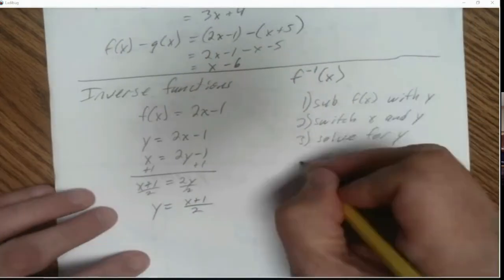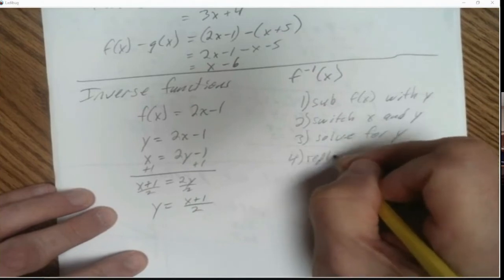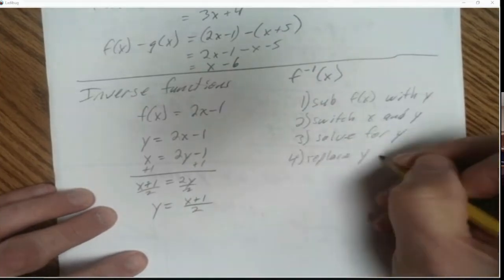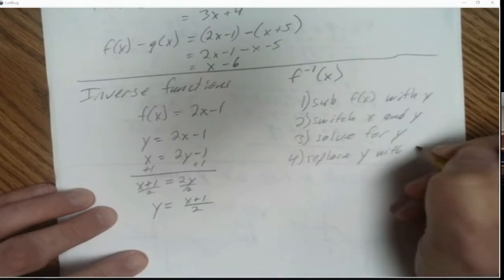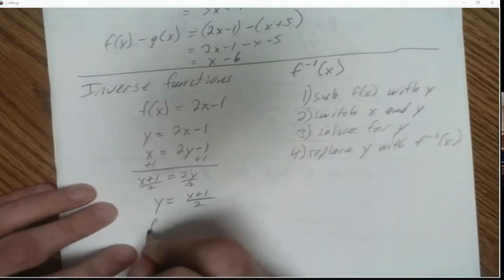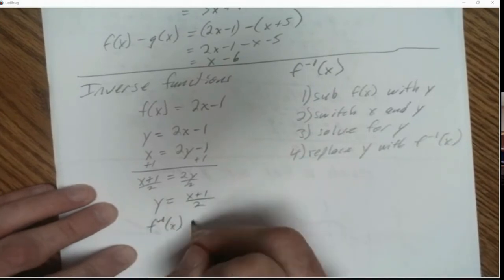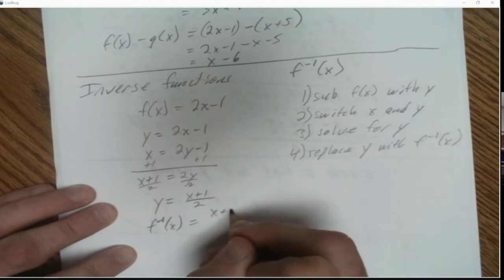And then the fourth step is to replace y with the function notation for the inverse. So the inverse of f of x is x plus 1 divided by 2.